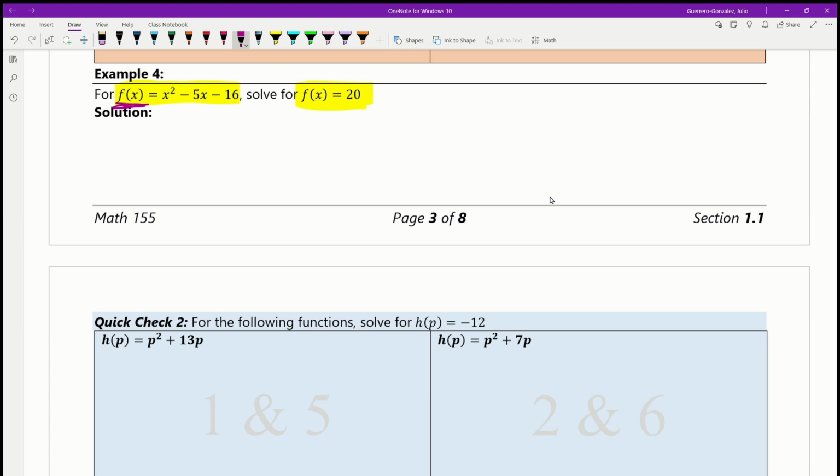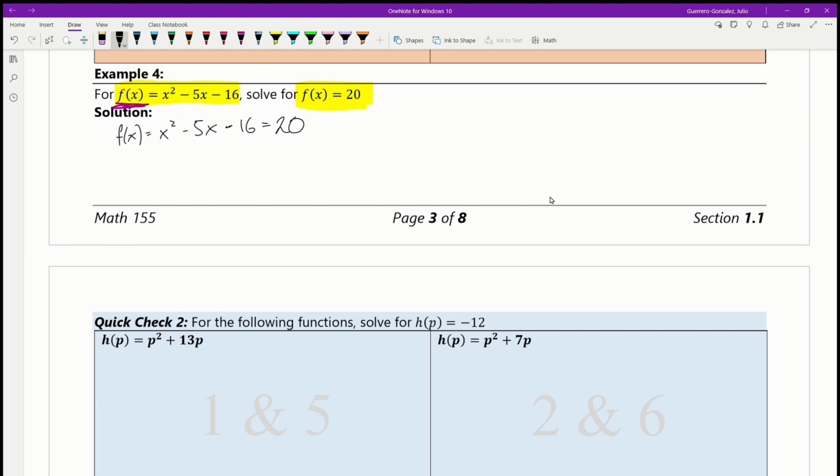How do we do that? That's where we're going to use our algebra skill from before. So we need f of x, which is x squared minus 5x minus 16, to equal 20.